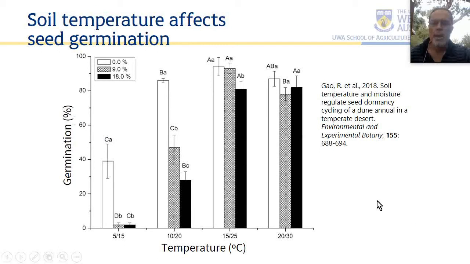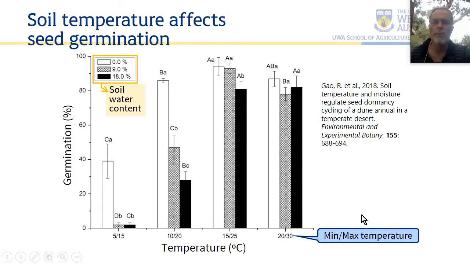In managed systems like agriculture, soil temperature is really important for phenomena like seed germination. So the germination of seeds is sensitive to temperature, and of course the seeds are sitting in the soil, so their temperature will reflect the temperature of the soil. So here's a couple of effects. This graph from this paper here looks at the effects of both soil water content and soil temperature.